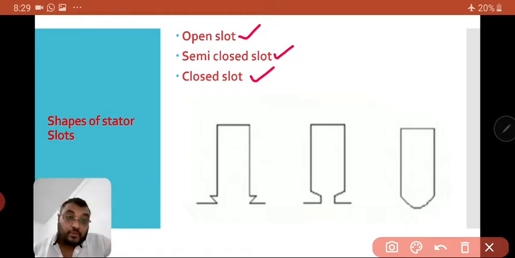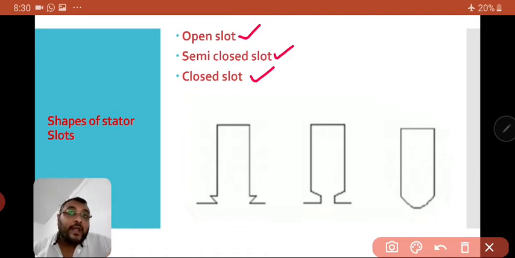All types of slots are used according to the requirement of the three-phase induction machine. The shape of the slot has an important effect upon the operating performance of the motor as well as the problem of installing the winding, because the slots may be completely open or semi-enclosed. We can see this as shown in the figure.